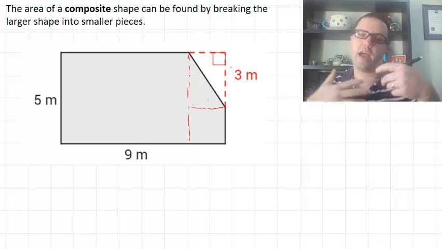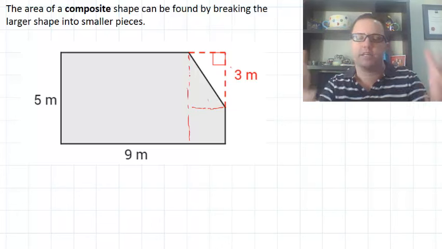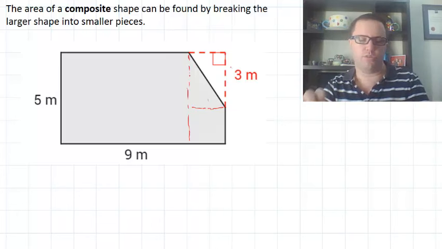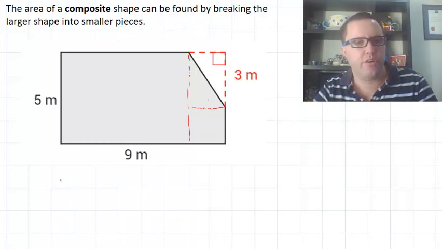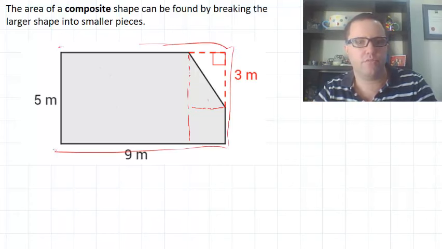So you can either add all the bits you've got, or take a larger shape and then take those smaller pieces out that you need to. We will call the big rectangle that used to be there area 1, and this little piece here area 2.